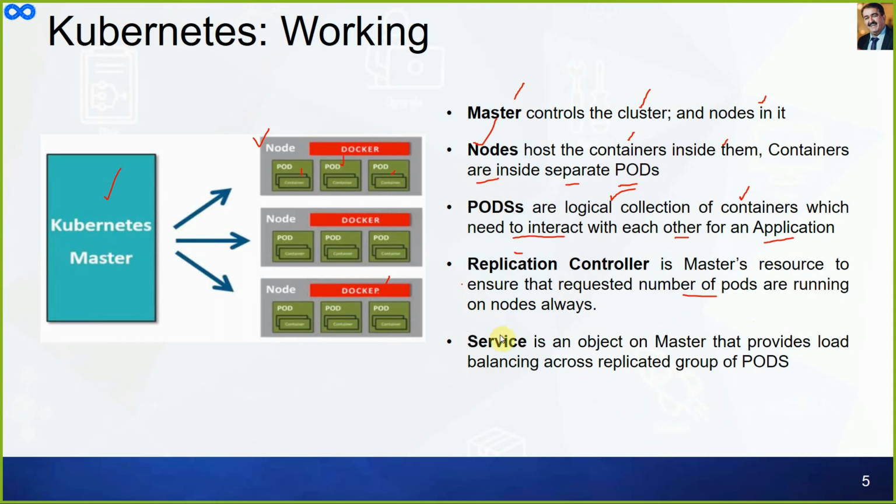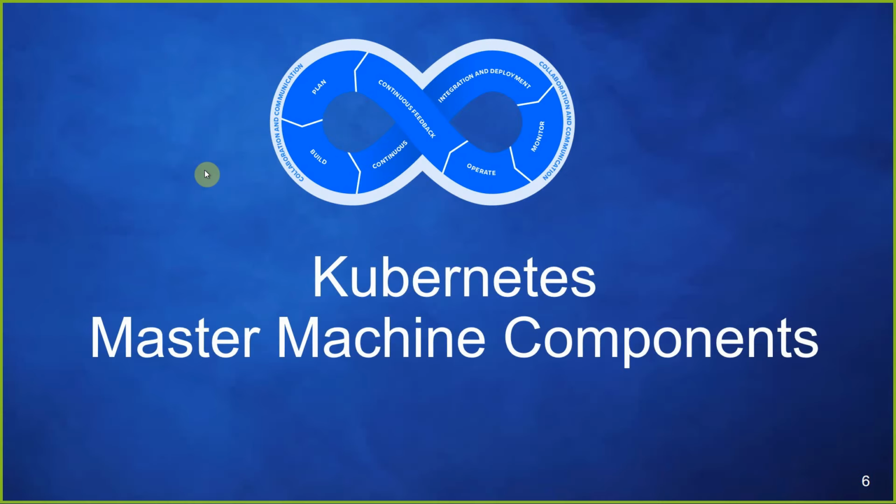Service is an object on the master that provides load balancing across a replicated group of pods, because if you have 2 replicas of the pod running, one here and another here, where the request will be sent will be decided by the service. This kind of load balancing is done by the service, which is running on master. How that will happen, the remaining training will focus on this aspect only.